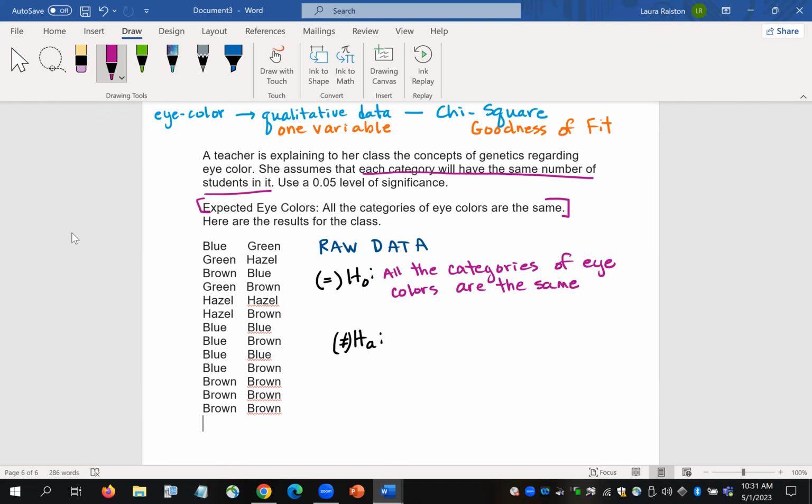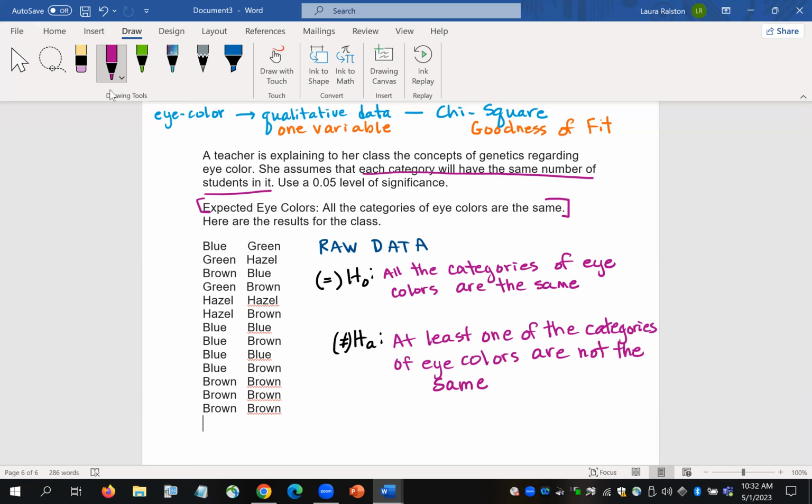Same implies they're equal, so that's the null. And then the alternative would have to be at least one of the categories of eye colors are not the same. So in terms of which chi-square, this one is an equal proportion.